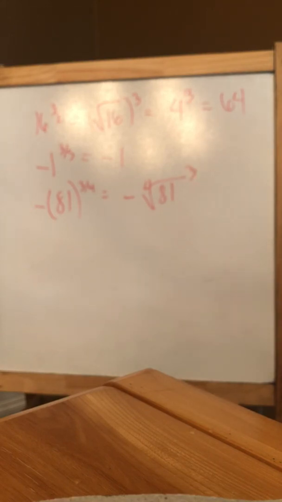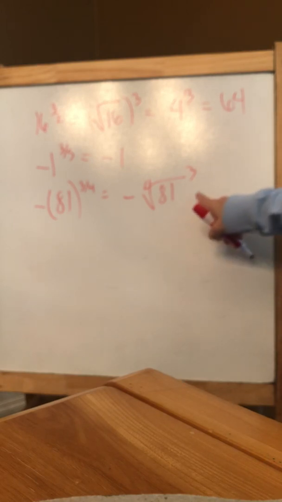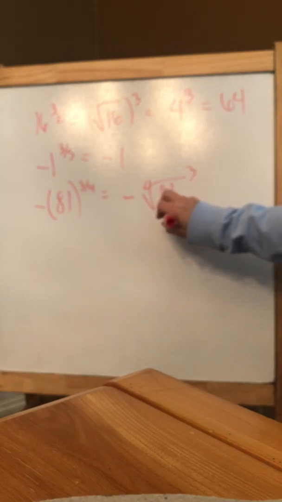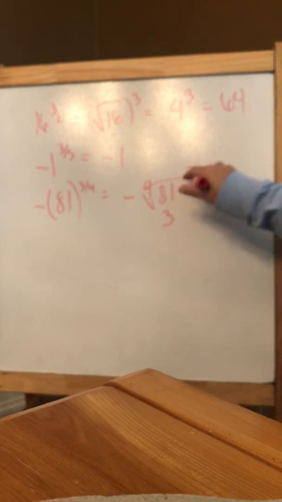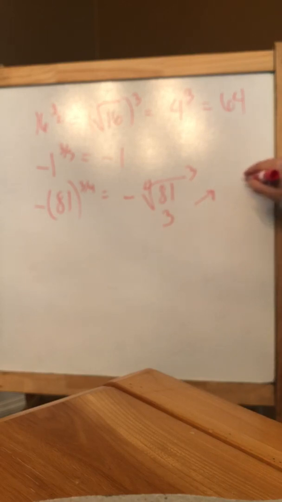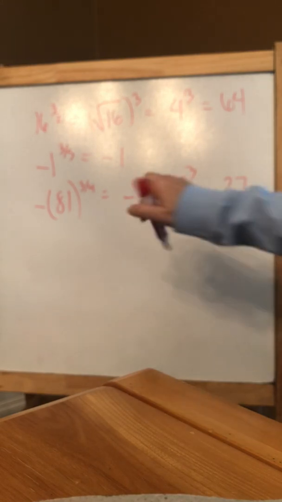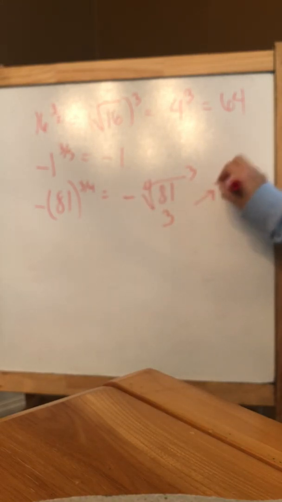So what is the 4th root of 81? That is 3. And then you're going to cube it. So 3 cubed then is 27. Oh, and there's a negative sign out in front, so you need to bring that over.